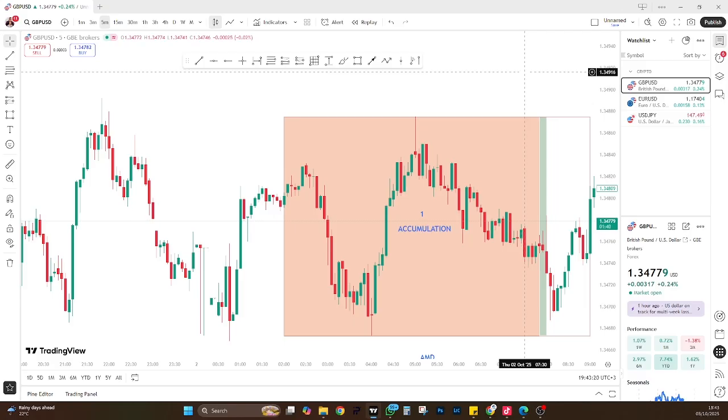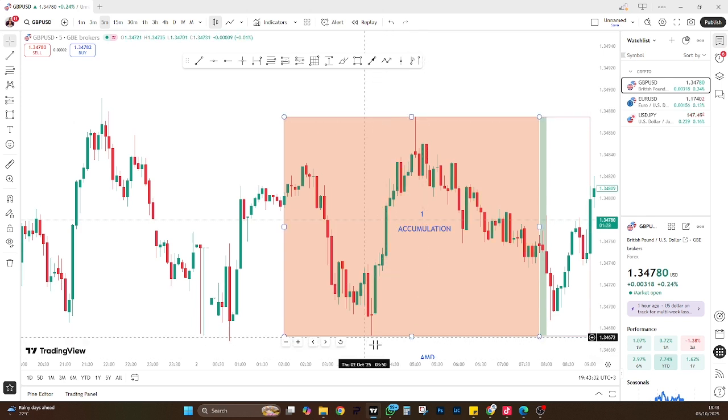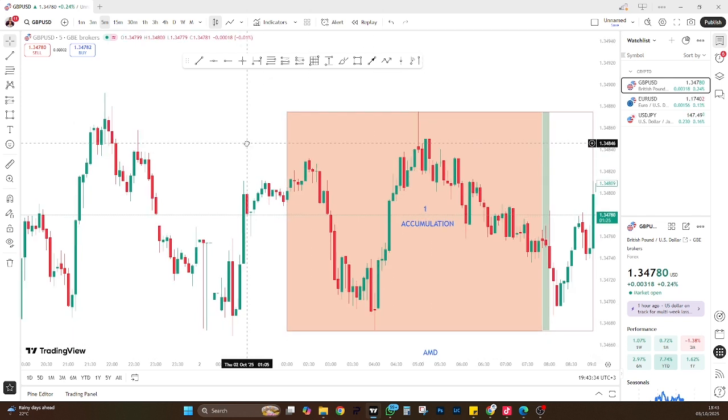So if the market takes either of these sides, either the lows or the highs, because all that is here is liquidity, all that is down here is liquidity. And if you remember yesterday's class, I showed you what liquidity looks like. This is equal highs, this is double top.